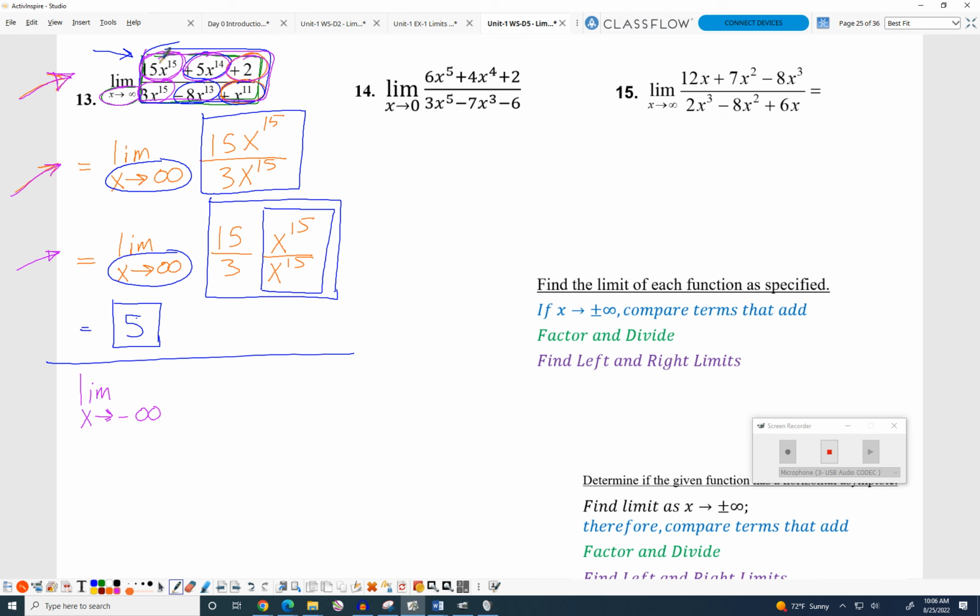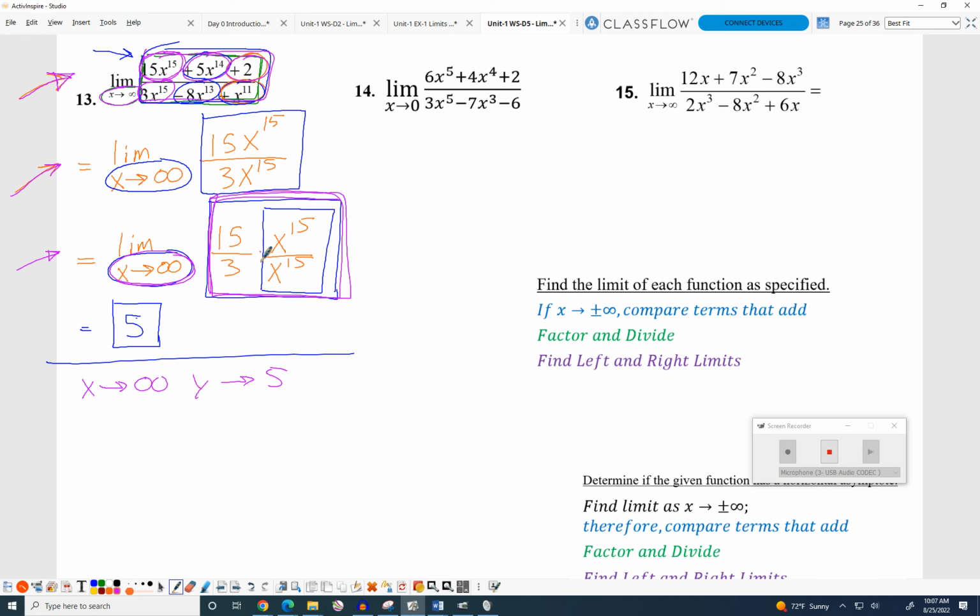I can skip to this very, very easy formula. I don't need to write this at all. I can just say, okay, got it. As x approaches infinity, I figured out that y was going to approach 5. But if this were x approaching negative infinity, this formula would still be the same.